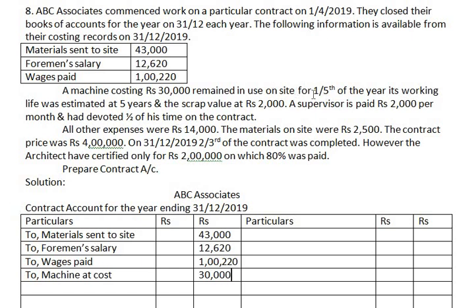On site for 1/5 of the year, its working life was estimated at 5 years, and the scrap value at rupees 2,000. Okay, so scrap value is given, 2,000. So before recording that scrap value, first we need to take work in progress.